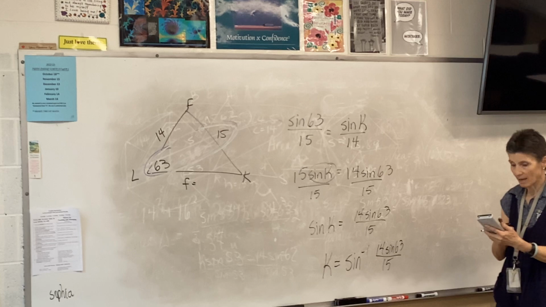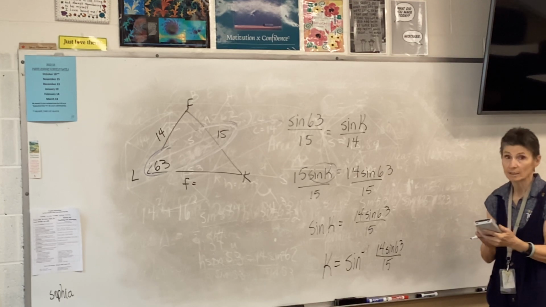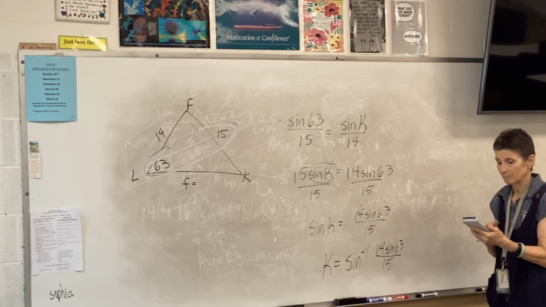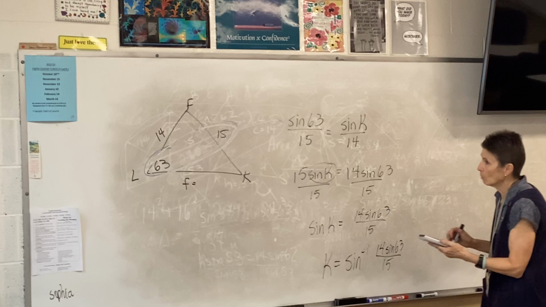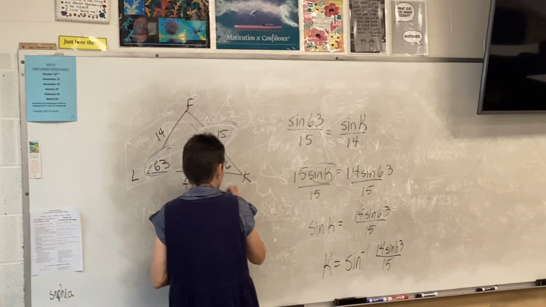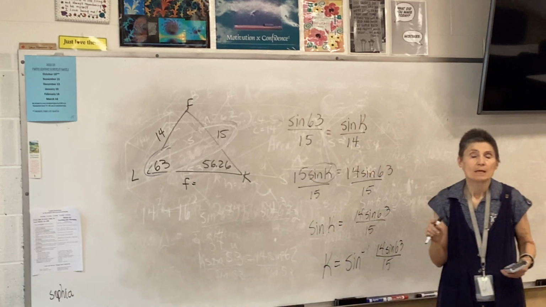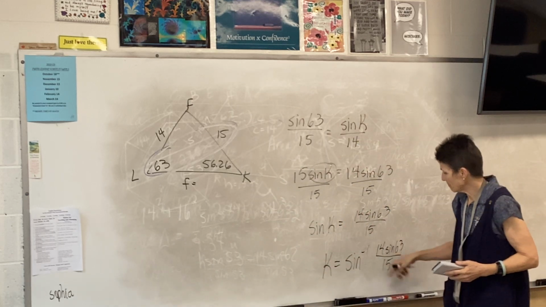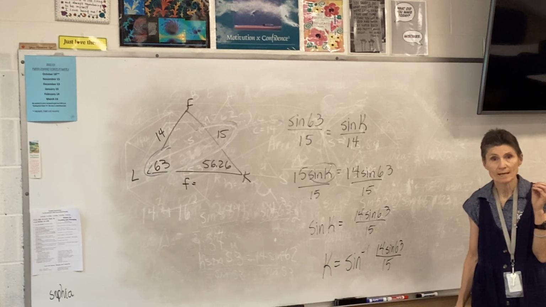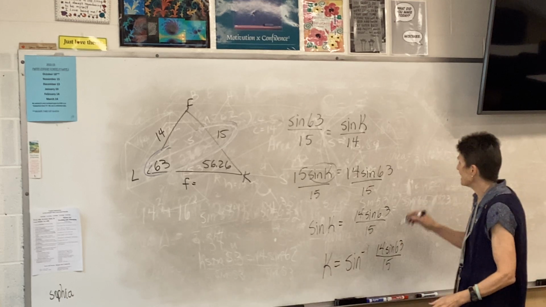Second sine, 14 sine 63 close parentheses divided by 15. 56.26. Now, think about when we did these in our notes. Remember doing the problems where we got error? If you get an error when you type this in, that means there are 0 triangles. We didn't get error though, we got an answer.